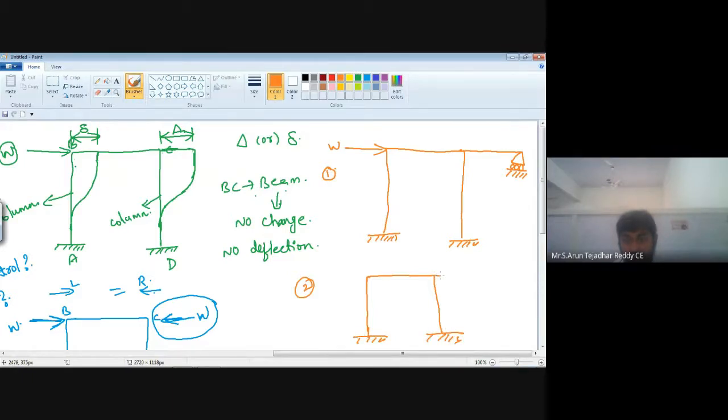Here the load is acting. Now tell me, which one controls our deflection here? Either the first diagram or the second diagram. Come on, tell me.